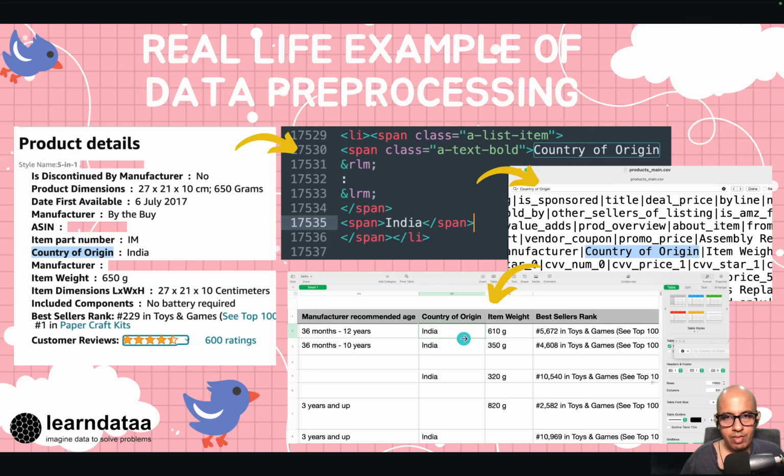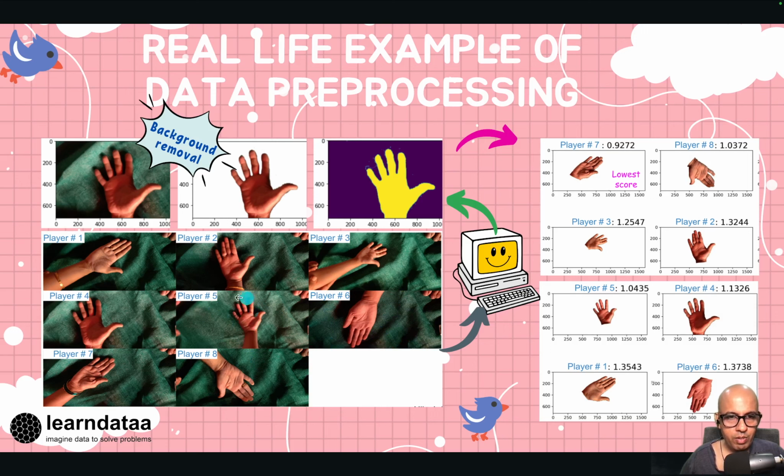Here is another example. Let's say we have these pictures of a hand on a background, and we are trying to measure the area of each palm, or the size of each hand. We could do it manually by erasing the background here and then counting the number of pixels in each hand, and then use that.